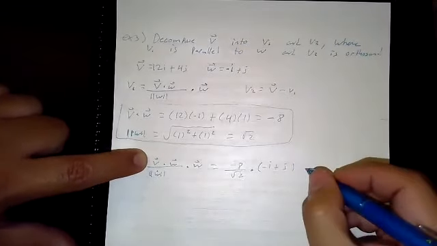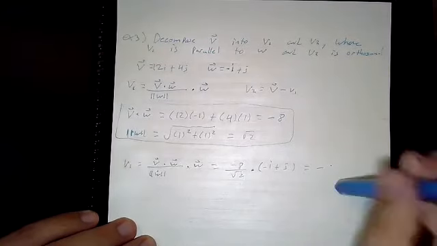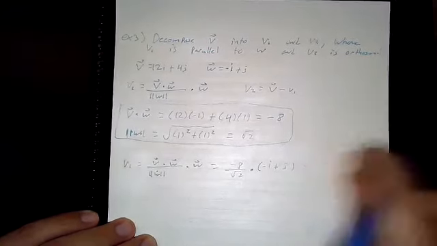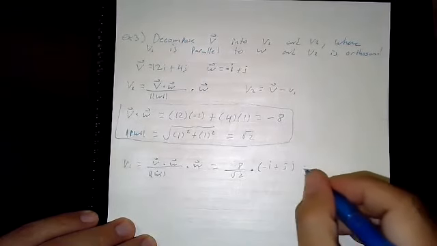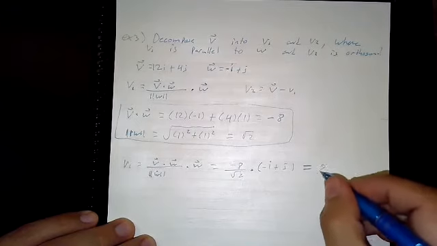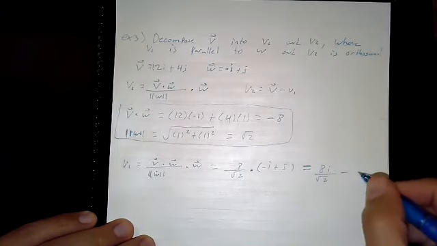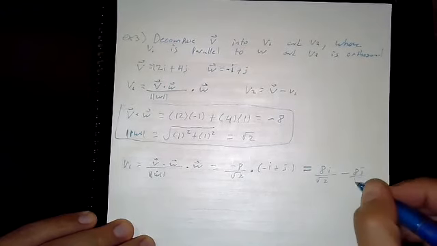Okay, so that would give us negative, actually positive, 8i over √2 minus 8j over √2.